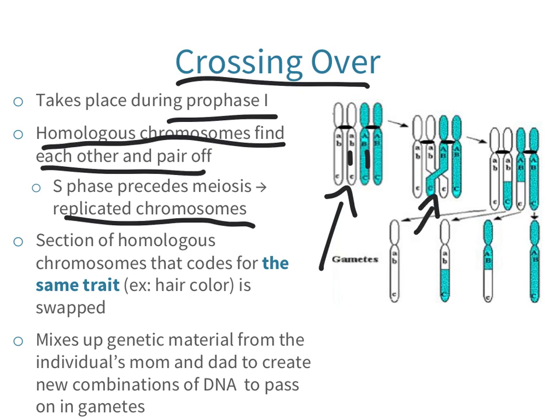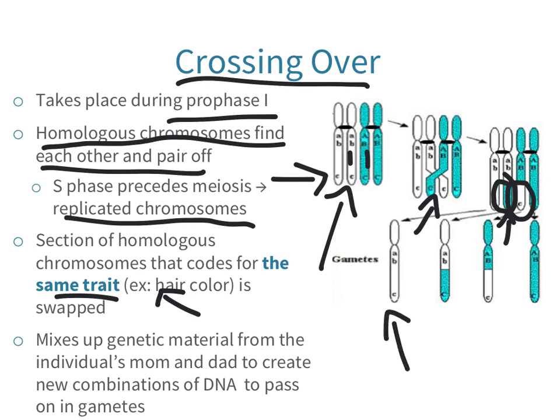So now I literally have a piece from what was the blue homolog is now on the white homolog, and vice versa. Okay, so sections of homologous chromosomes that code for the same trait are swapped. So maybe the C gene was the hair color, where the white C is blonde hair and the blue C is brown hair. You can see that now they got swapped in those two chromosomes.